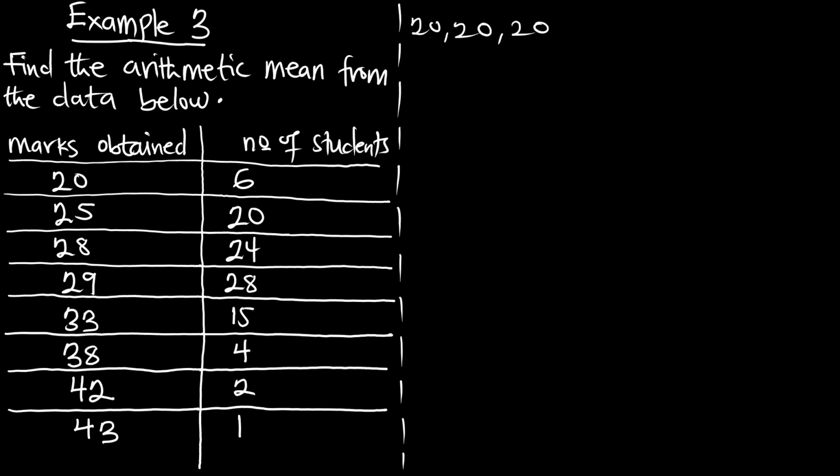So in such an instance, we are going to use the simple formula to find our mean, which also means the arithmetic mean, represented by x bar, and is going to be the summation of fx over the summation of what?